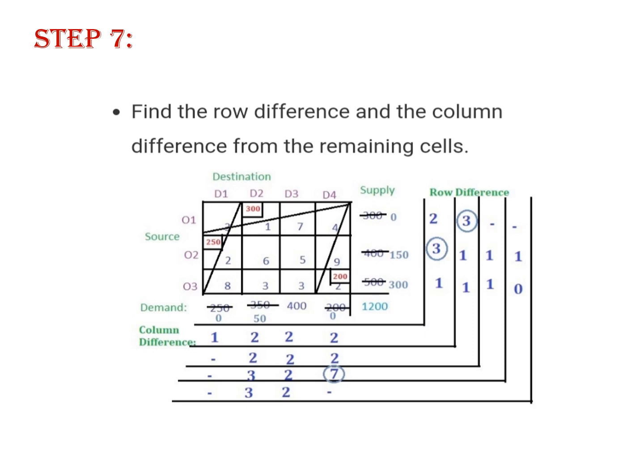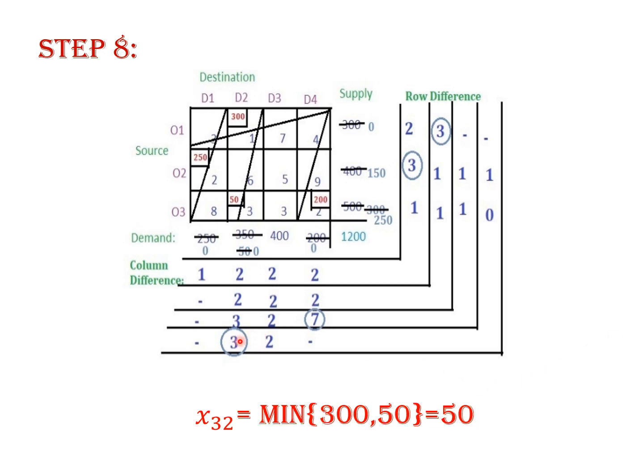Next, find the row difference and column difference from the remaining cells. The row difference is 1, 0. Column difference is 3, 2. Find the largest of these differences. The largest difference is 3. The minimum cost value is in the cell 3, 2.